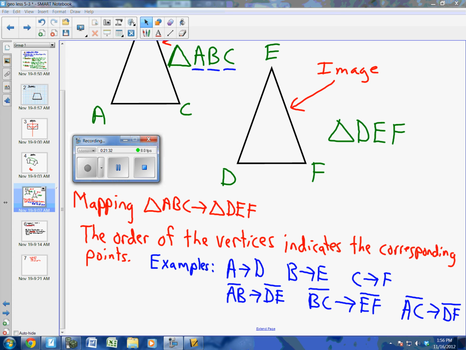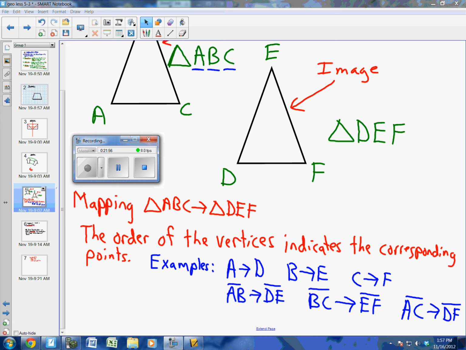And side BC, which is this side over here, corresponds to EF. And AC corresponds to DF. And that's what that means. It corresponds means it's the one its image goes to. You got that, Mitchell and Trey? Fine if you guys sit by each other as long as you are listening.